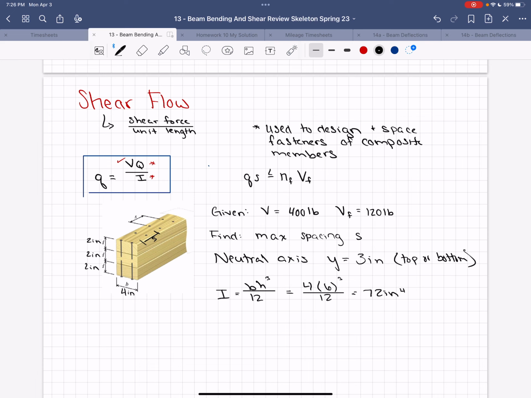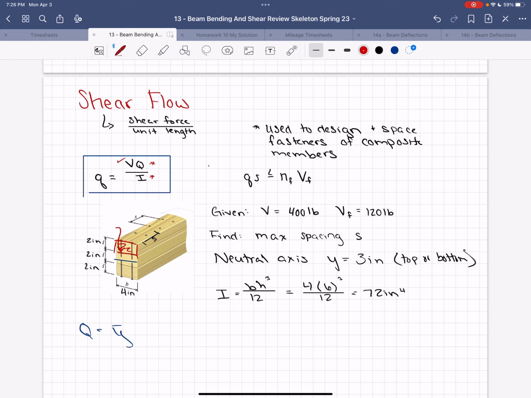Now, big Q. Remember, big Q is the first moment of area equals y bar. So that's from the centroid of the whole thing to the centroid of the area that we're concerned about. For us, we're going to look at this top block. We could look at the bottom block, but ultimately we're going to use this area here.